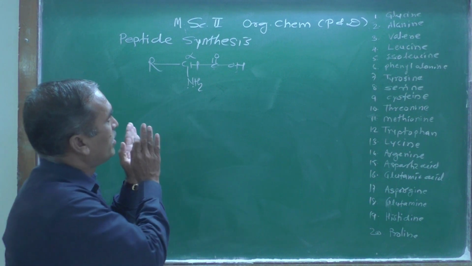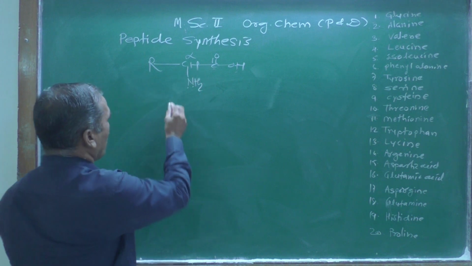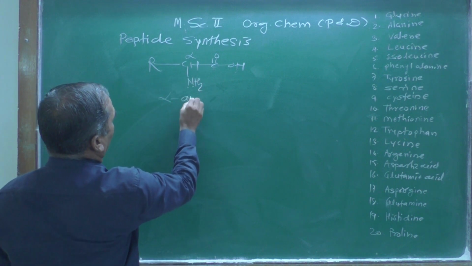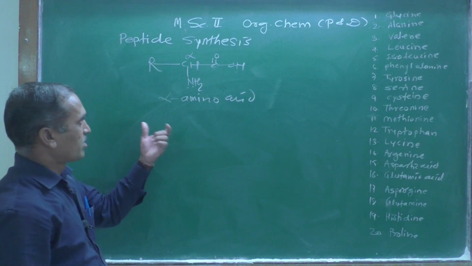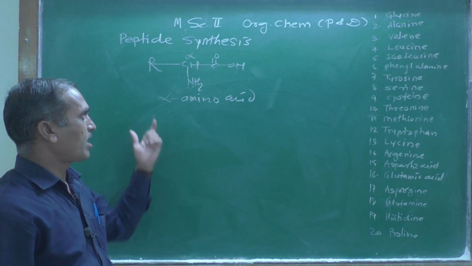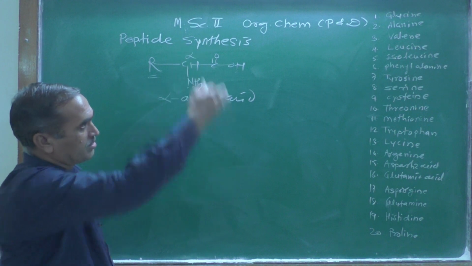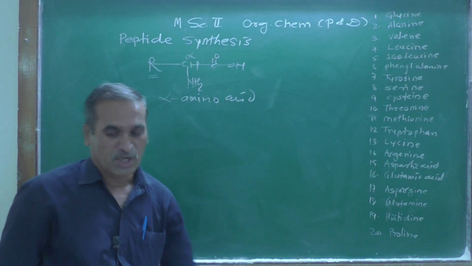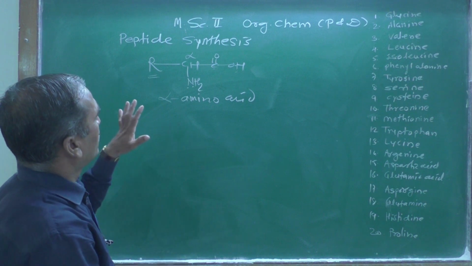This is the general formula of alpha amino acid, and the nature of R is different, so we will get 20 alpha amino acids.